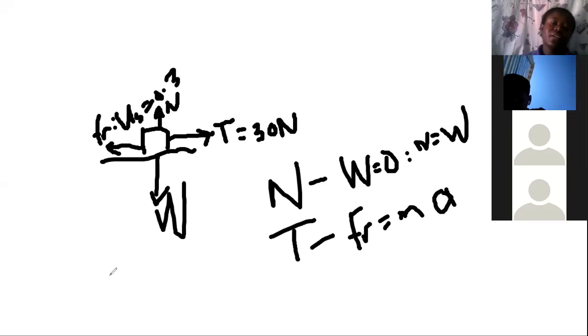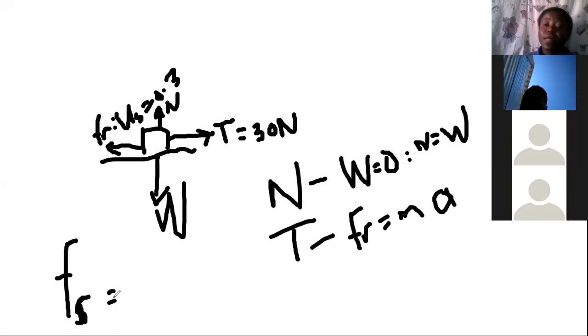But we don't even need to go there. All we need is to calculate the friction force. If this surface has a static coefficient, the friction is the force which is opposing or preventing the box from moving. Remember, it is equal to the coefficient times the normal force. Our normal force is equal to the weight, which is mg.